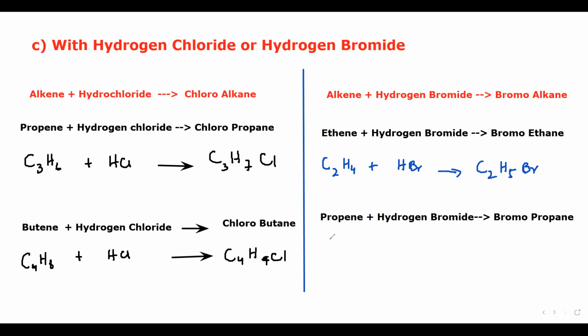So prop means C3H6, hydrogen bromide is HBr, and as a result it will produce C3H7Br. So it will produce bromopropane. So with hydrogen chloride, an addition reaction will occur. If propene plus hydrogen chloride, chloropropane. If propene plus hydrogen bromide, it will give bromopropane. Is it clear? The two reactions, one with hydrogen chloride, another one with hydrogen bromide.